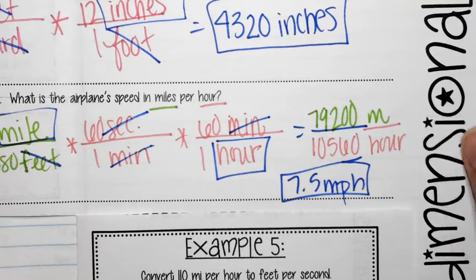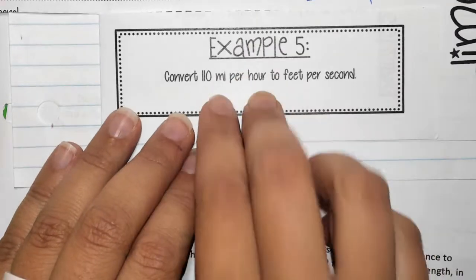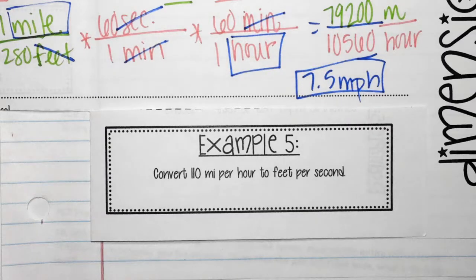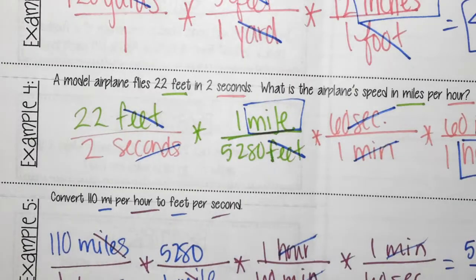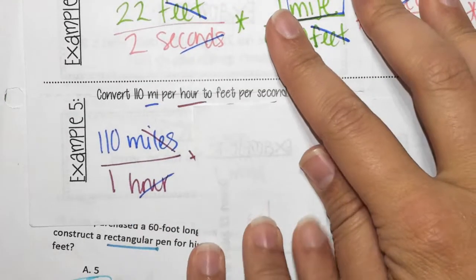Alright, so now that we have converted from feet to miles and seconds to hours, I want you to do the opposite on example 5 with your table. Alright, look at the board. So you start by writing 110 miles per hour.